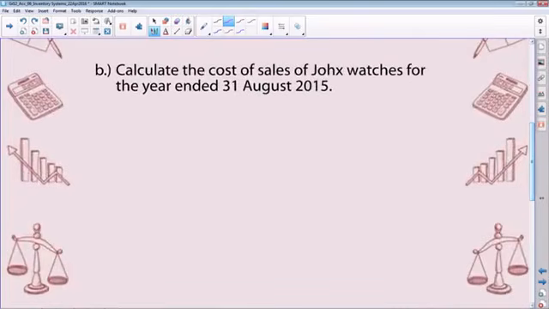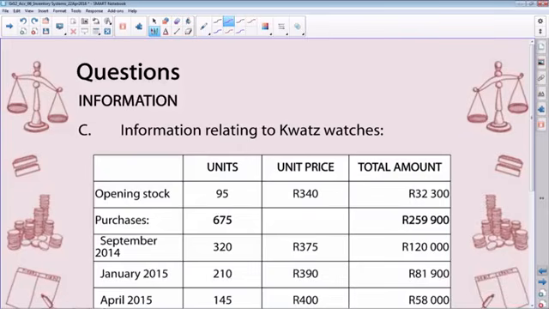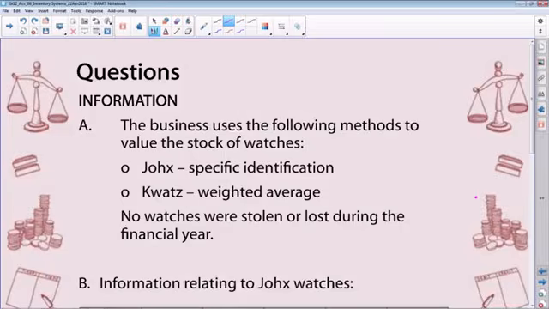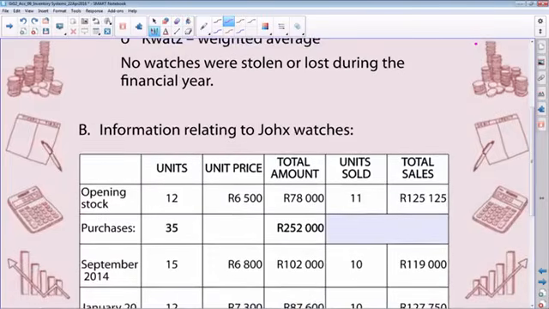The next question regarding our Jock's watches was, calculate the cost of sales of your Jock's watches for the year ended 31st of August 2015. We will start off with our opening stock, right? And our opening stock of Jock's watches was 78,000 Rand.